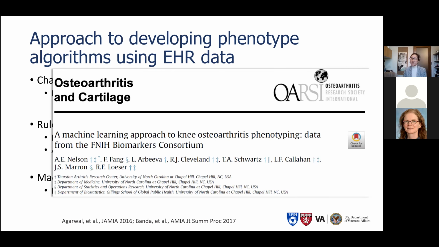I'm focusing on EHR data, but I know that this group is no stranger to using machine learning for phenotyping, and it doesn't have to be EHR data. It's really just very useful for very large data sets, especially as we think about phenotypes beyond just RA. There are subphenotypes beyond RA, and there are subphenotypes when you think about OA or progression of OA.